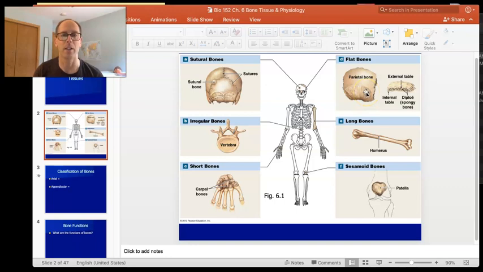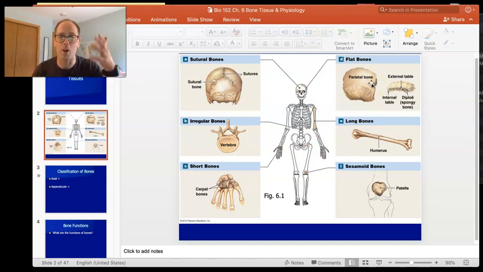They're flat. So a good place where you'd find long bones would be your femur, for example. Here's a femur. It's got a wide end at the proximal end, a wide end at the distal end, and it's narrow in the middle. Flat bones are flat, and you find those, for example, in your skull.